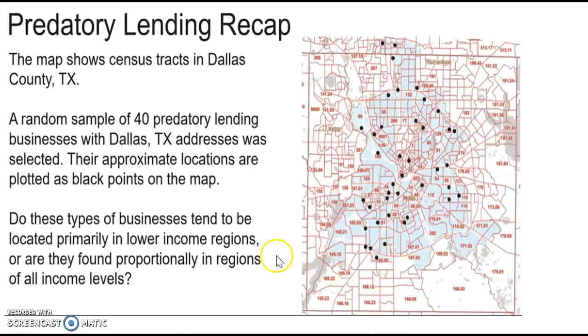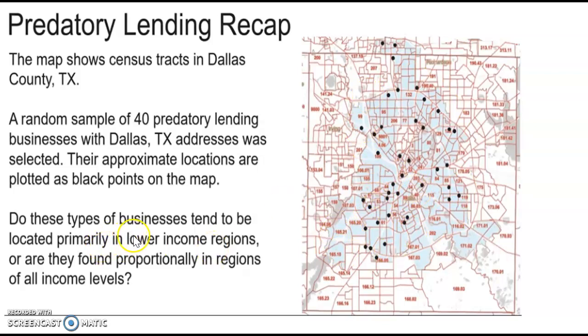So I think it just makes sense to do a problem. Let's suppose we have this situation where we have a census that tracks in Dallas County, Texas, and takes a random sample of 40 predatory lending businesses with Dallas, Texas addresses, and they mark them on the map.